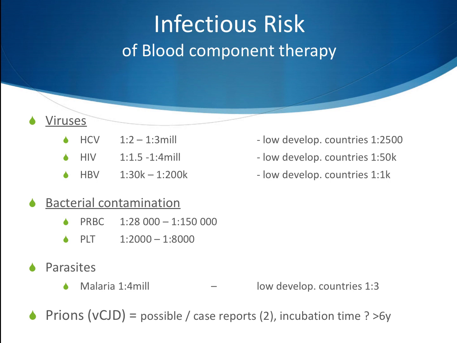Parasites, malaria, we don't screen here because the rate is so low in our population, but in African nations, every third blood component at this point you can assume is contaminated with malaria. Prions, Creutzfeldt-Jakob disease, all this surely fears, but we really don't have much data to comment on risk and screening.